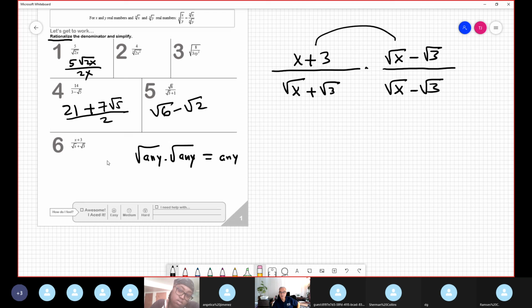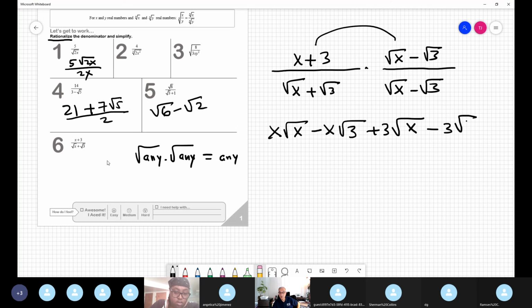And you FOIL this. x times radical x is x radical x. x times minus radical 3 is minus x radical 3. Then plus 3 radical x, and minus 3 radical 3.